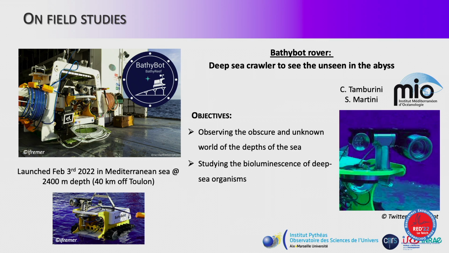This robot has several objectives. It's going to study the bioluminescence in the Mediterranean Sea. This project was developed by Christian Tamburini and Séverine Martini in the MIO. If you want to know more about Vatibot, you have a Twitter account where you can see all the discoveries and what it sees all the time.